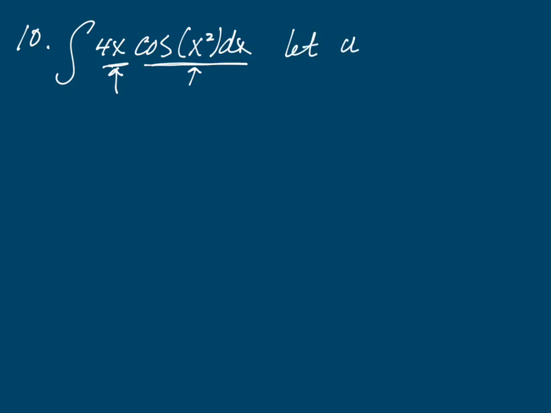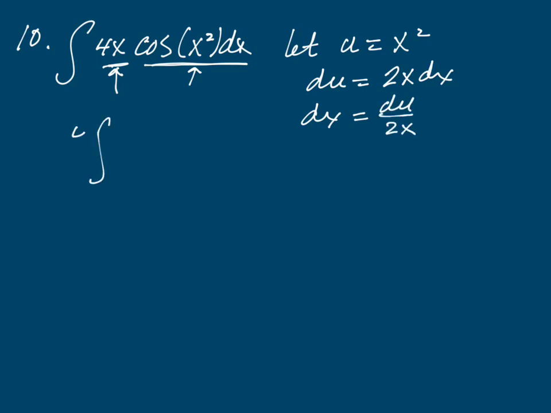So let u equal x squared, du equals 2x dx. So dx is du over 2x. So when we write this, we had a 4 out here, so now we have a 4 over 2, and then the x's would go away here and here, and so I have a cosine u du.